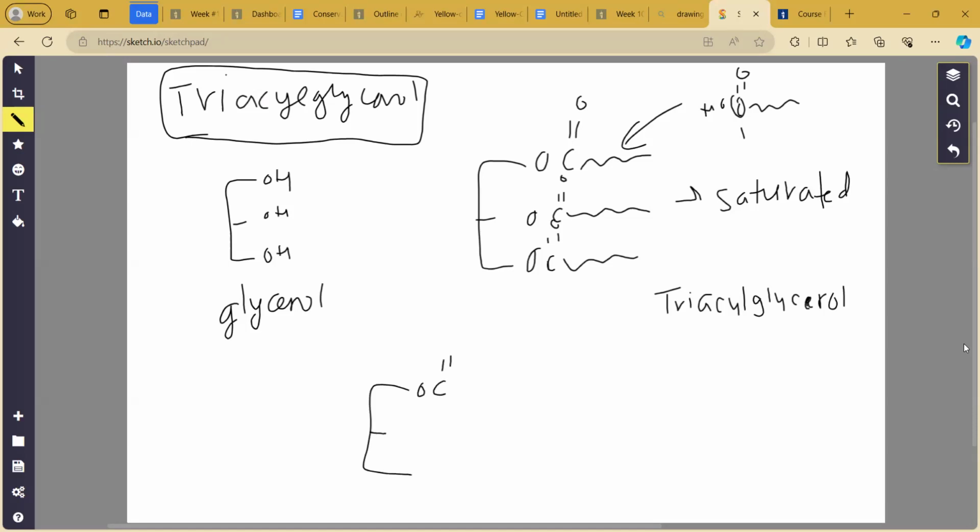But I could have a triacylglycerol that has kinks in it. So it's kind of like with the branching and how branching makes boiling point lower.